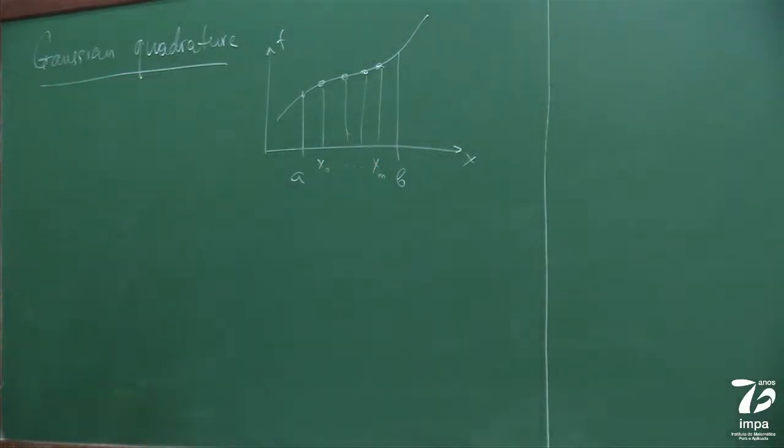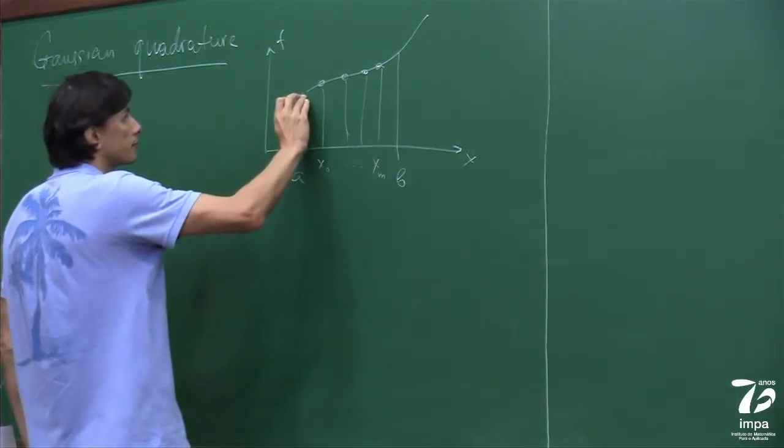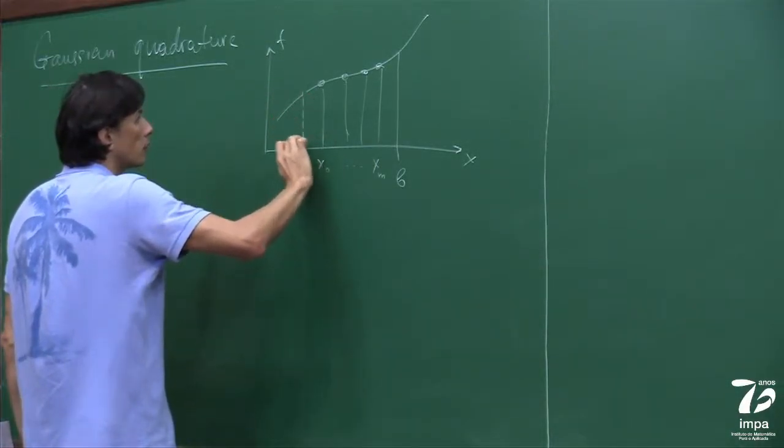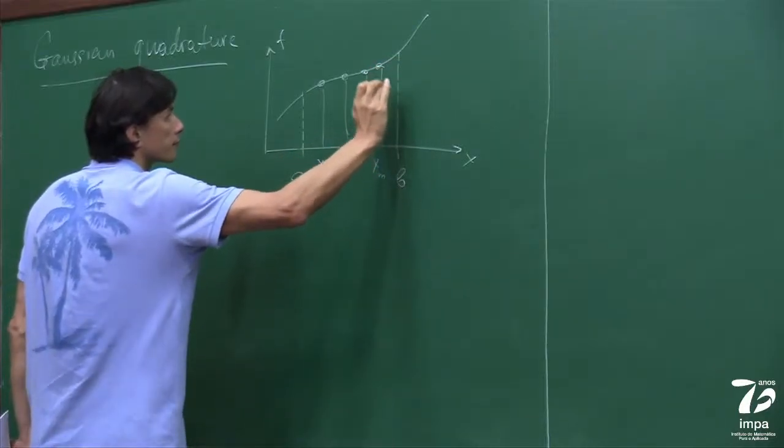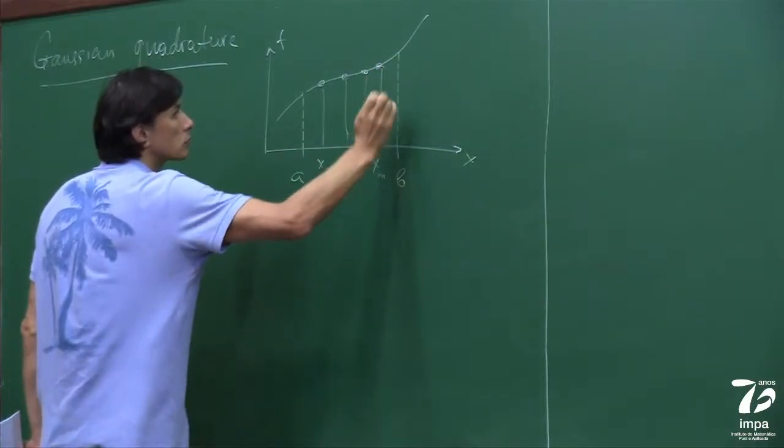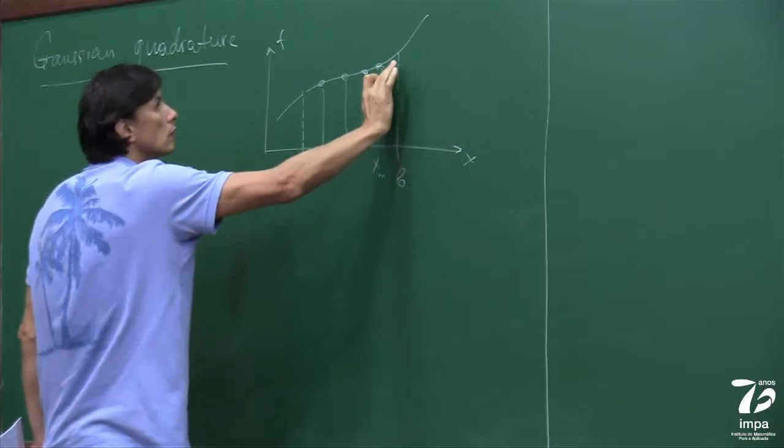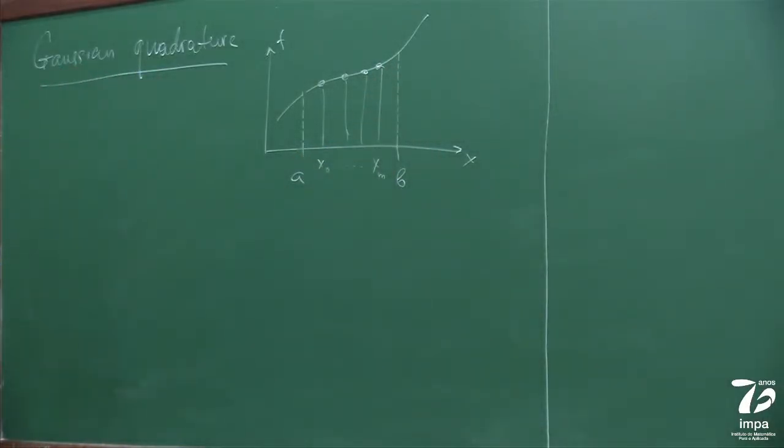So m plus 1 points. We take m plus 1 points, compute the values, and at these points define the integral as a linear combination.